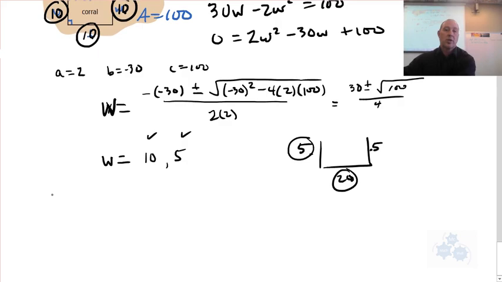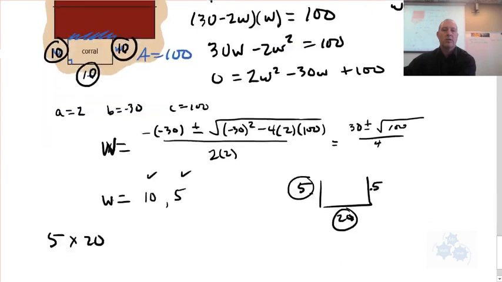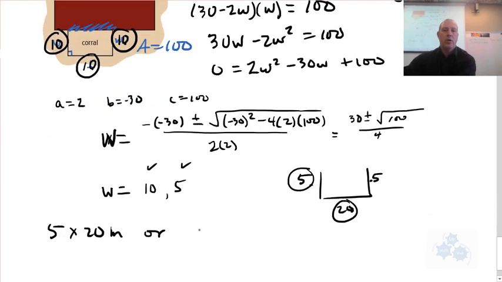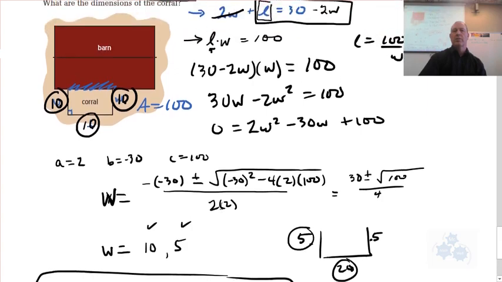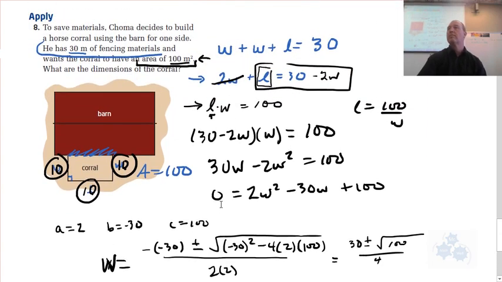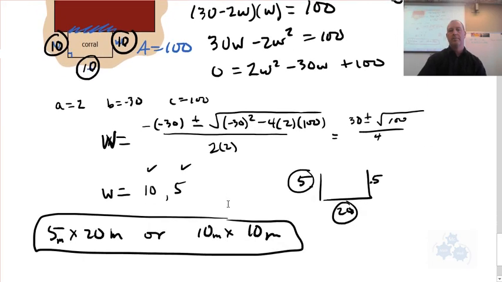So the dimensions could be 5 by 20, whatever that is, meters, or 10 by 10 meters. Anybody have any questions about number 8? No? Good.